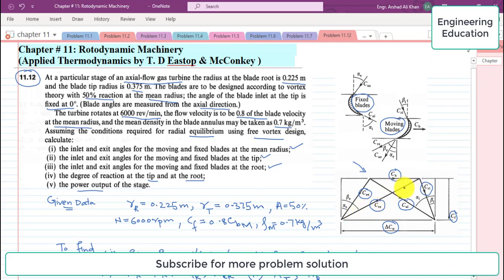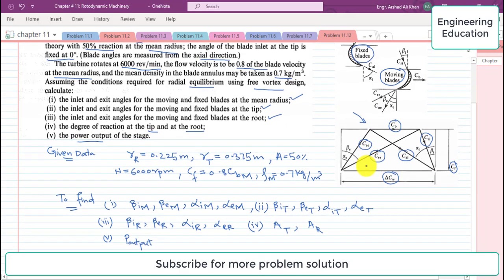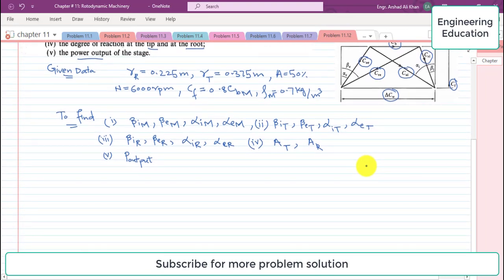So this is the general diagram. We can make 3 diagrams representing the blade root, blade mean radius and the blade tip. So at these 3 places we can draw these velocity diagrams and it will help in the problem solution.